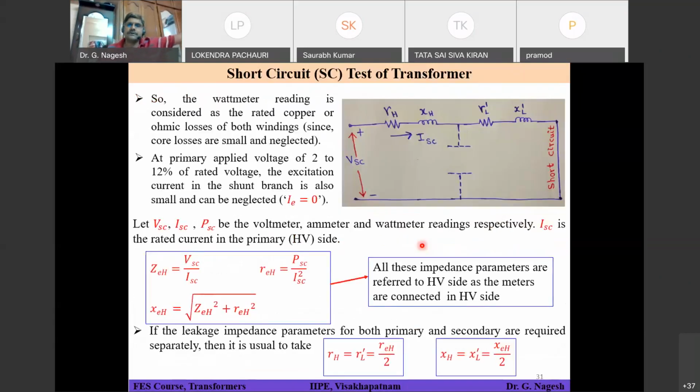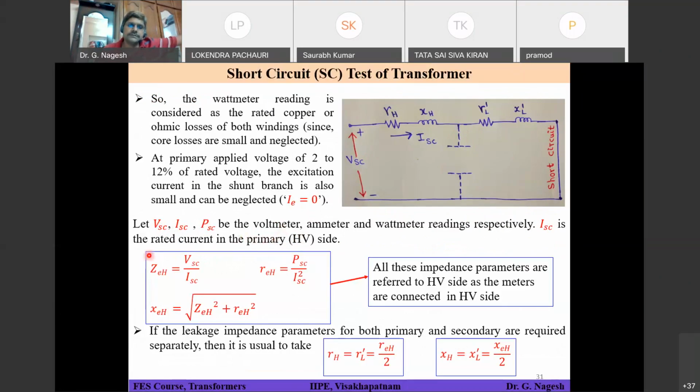So the excitation current IE is assumed to be 0, and this is your equivalent circuit. Now you know VSC, the voltmeter reading, ISC, the ammeter reading, and PSC, which is your wattmeter reading in the present scenario. ISC is the rated current in the primary, that means the HV, high voltage winding.